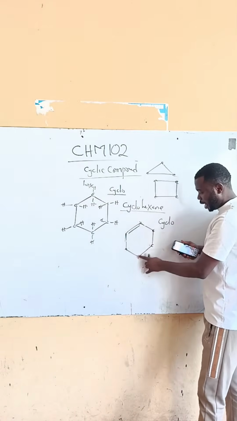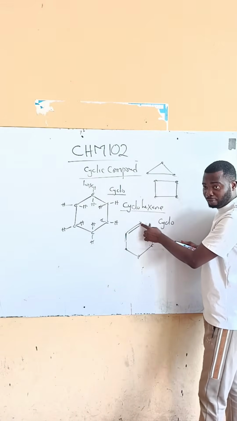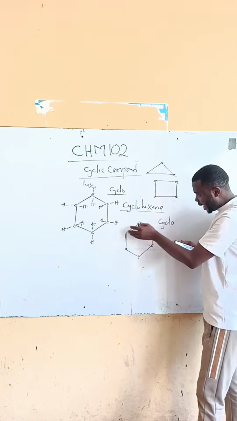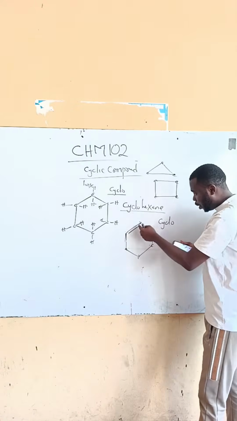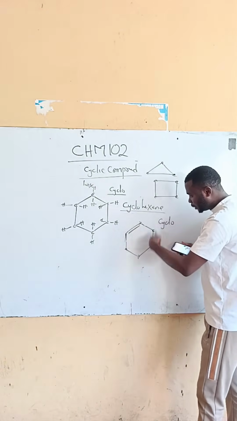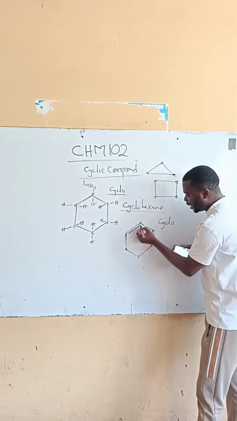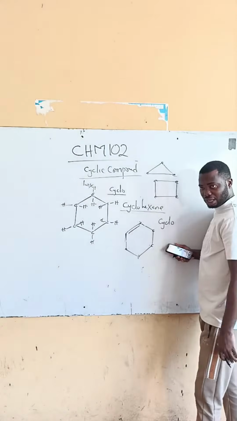I don't want to start saying 1, 2, 3, 4 because then the double bond would be 4. Once you want to give this double bond a number, we can give the carbons their numbers, and by giving them their numbers, we can give the double bond its number. Do you get what I'm trying to say?